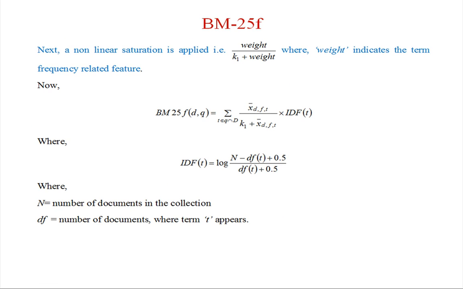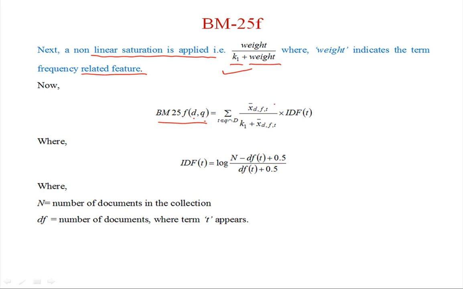Now a non-linear saturation is applied, that is weight divided by k1 plus weight, where weight indicates the term frequency related features. After this saturation, the BM25F score for query term and document d will be x-bar_dt divided by k1 plus x-bar_dt, times the IDF of t.